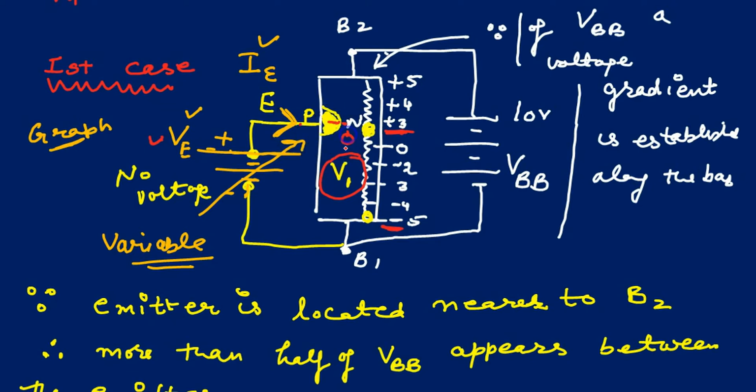The holes are injected by the emitter and they are attracted towards B1 because B1 is at negative potential. Emitter current will flow from the emitter to B1. That is the hole current.